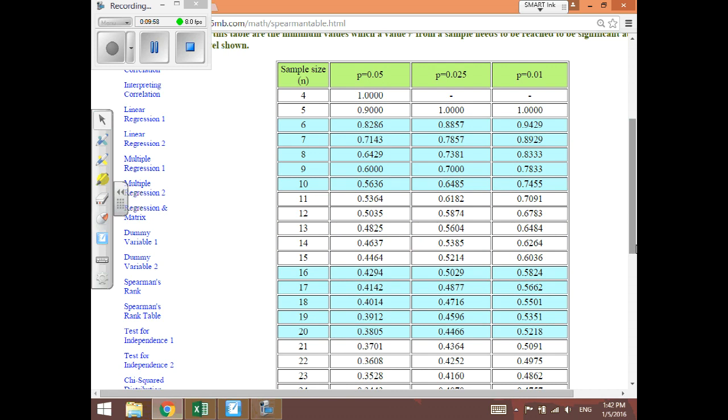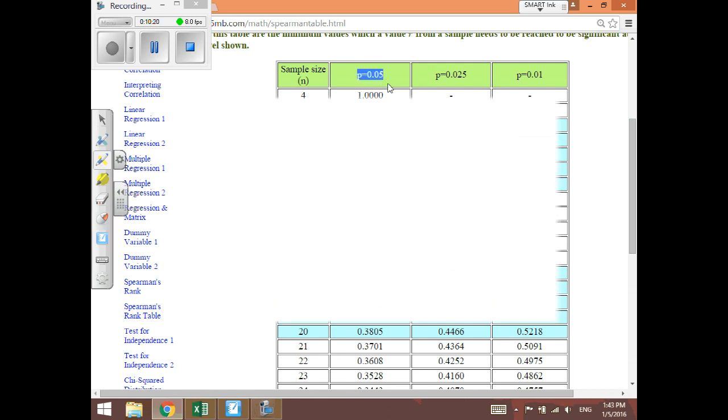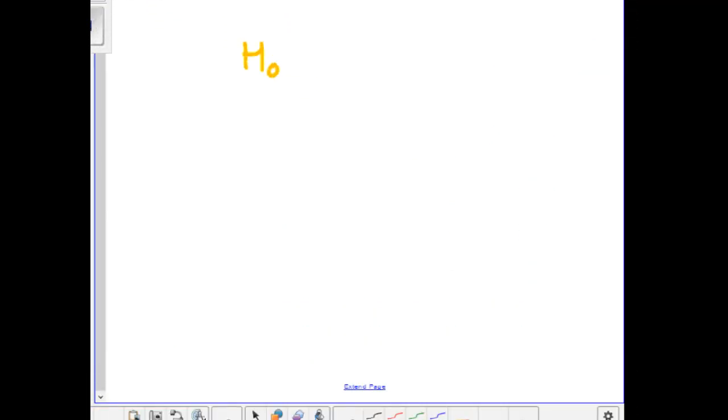We look at what our sample size is. Our sample size in this case is 7. If you have a 5% significance level, the null hypothesis is that R of S is equal to 0. That is, the two sets of data are not related to each other.